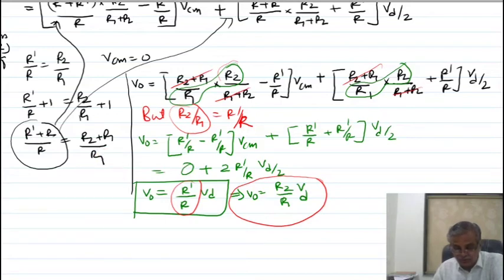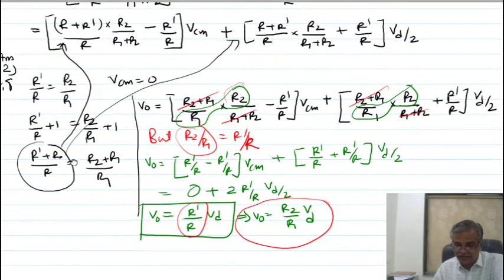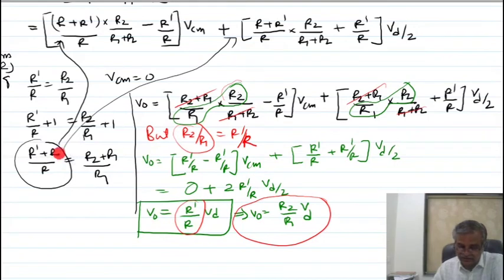So that value I have kept in this equation. Look here, this value I have kept here, this value I have kept here. So as a result, this is cancelled, you can see here. As this is cancelled, then I use this property.